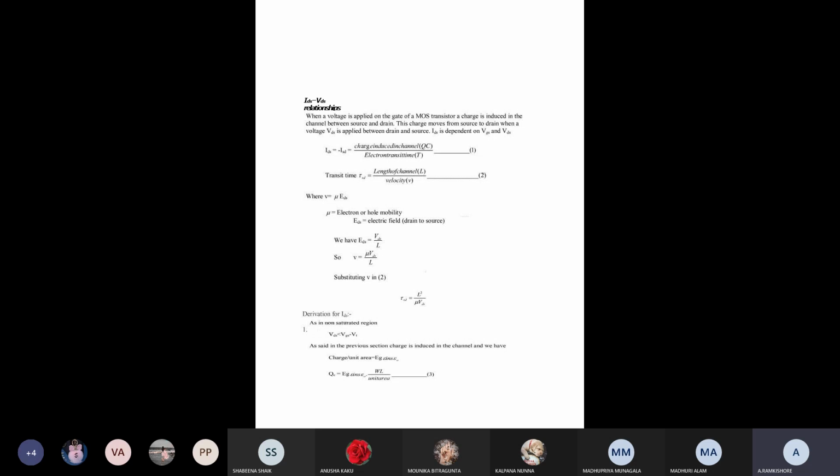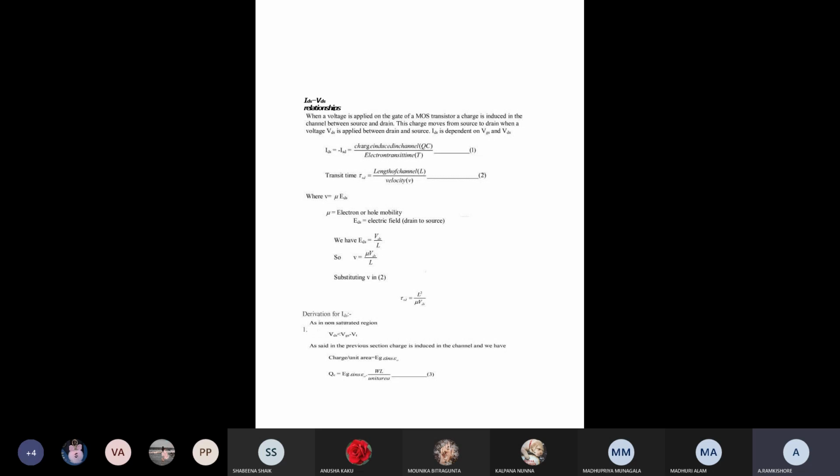So IDS is developed in the MOS device and is dependent on both the VGS voltage and the VDS voltage. From that statement, we write IDS is equal to, and this is also equal in the case of the depletion mode. We can consider that IDS is equal to minus ISD.